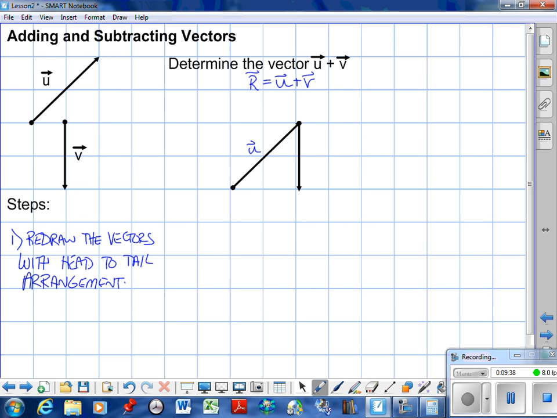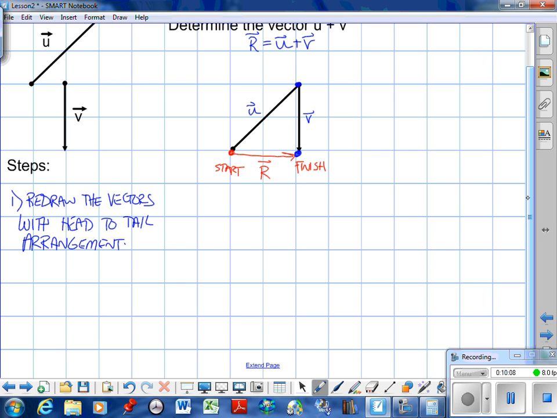You go in that direction for so many steps, and then when you get to the end of my first direction, you now do this to get to your end location. That would mean our resultant would be from where we started to where we ended or finished. Okay, so that would be u plus v. So that's our resultant vector. So step 1, redraw the vectors head to tail arrangement.